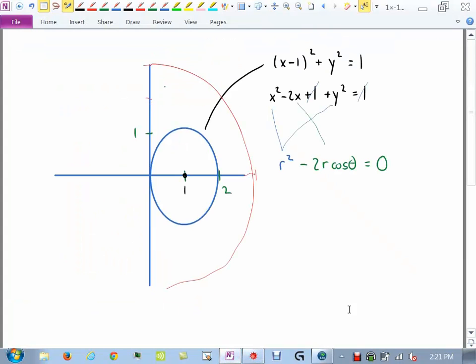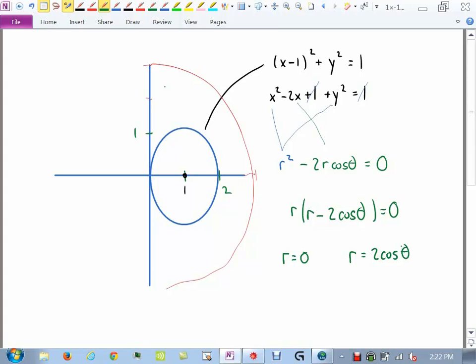Can't we do this? R times r minus 2 cosine theta equals 0. Yes? So r equals 0 is one way to satisfy that equation, and r equals 2 cosine theta is another way to satisfy that equation.